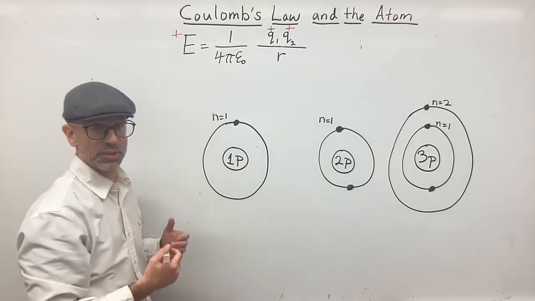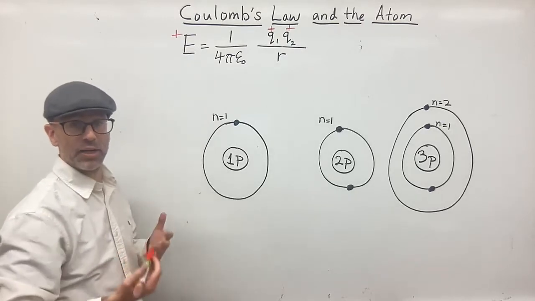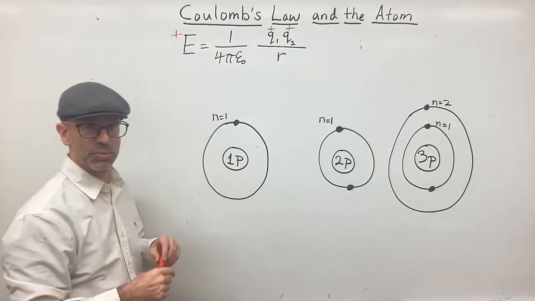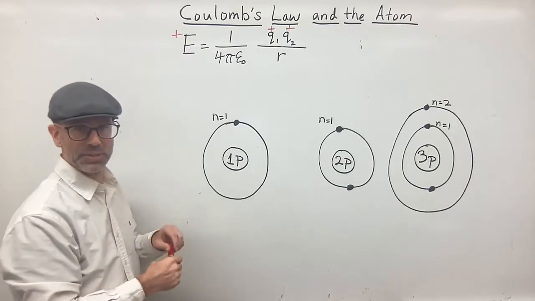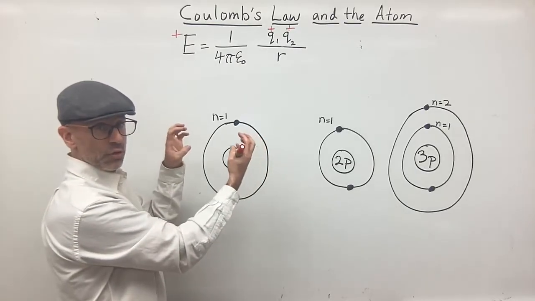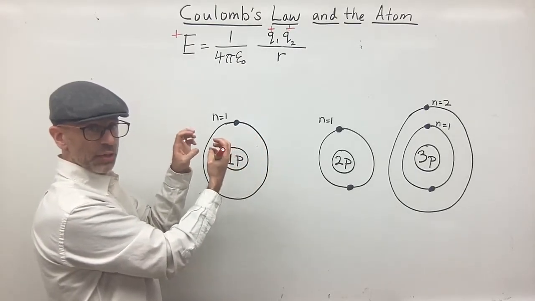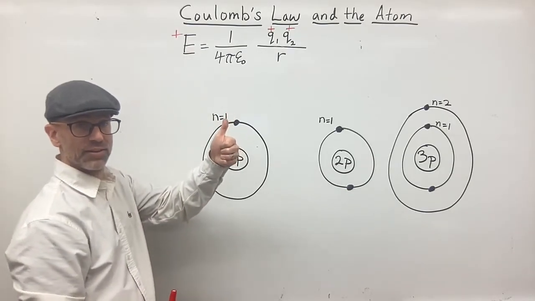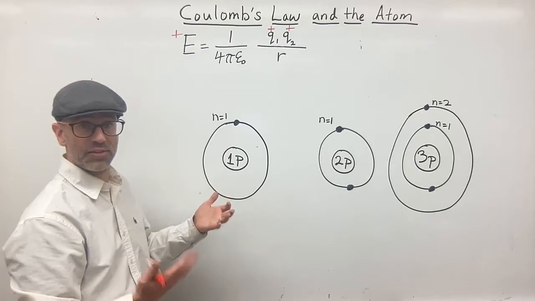So higher potential energy. That is not a good system. That's not a good position to be in. We don't want high potential energy. So you can understand that when we bring the two like charges closer together, that's raising the potential energy, right? That is not what the system wants.